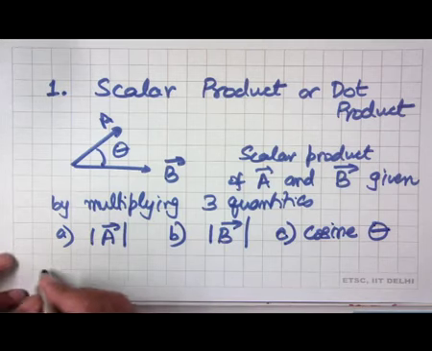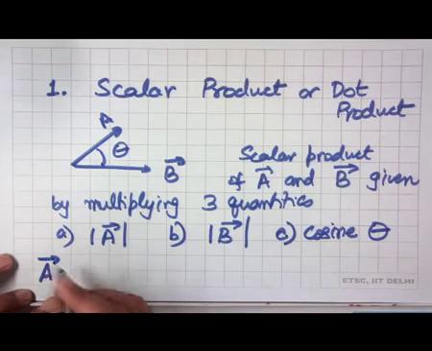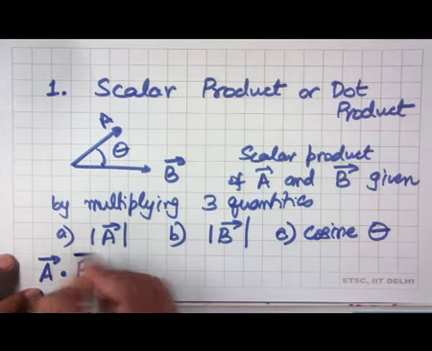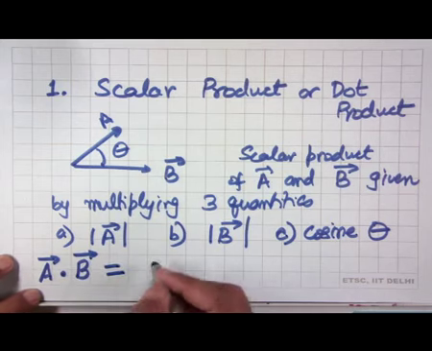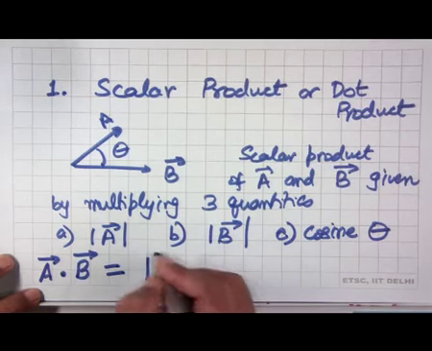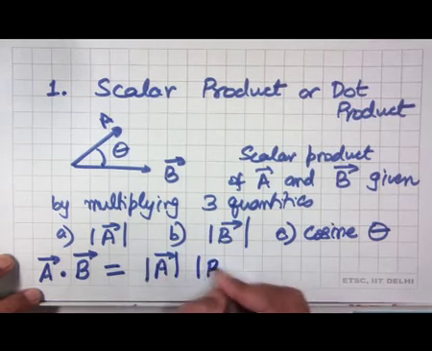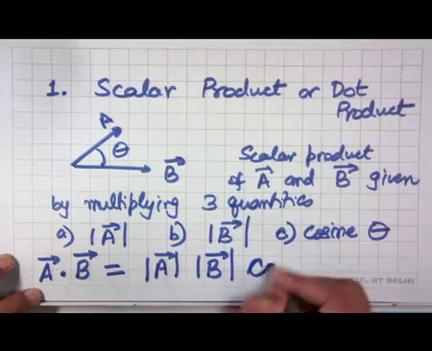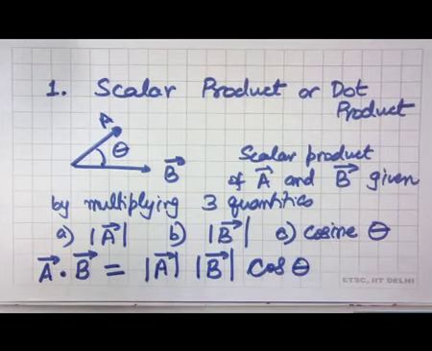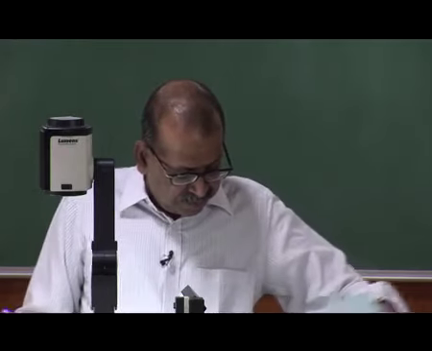And so, we denote this as vector A and we use the symbol dot, A dotted with B, equal to magnitude of A times the magnitude of B times cosine of theta, where theta is, as I have explained, the angle between A and B. So, this product, because all these are scalar, is a scalar. So, the dot product is always a scalar.